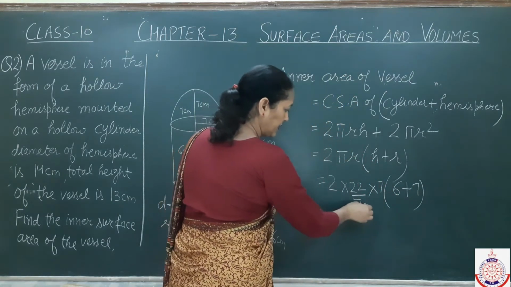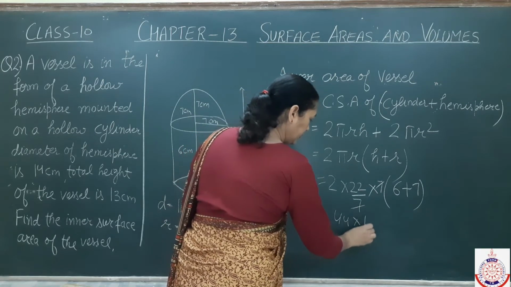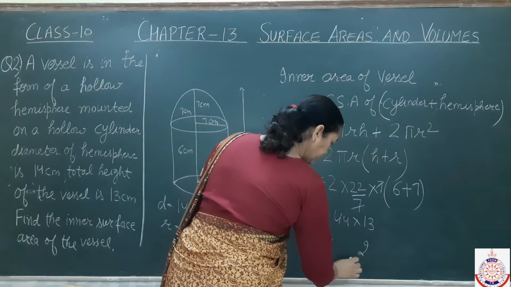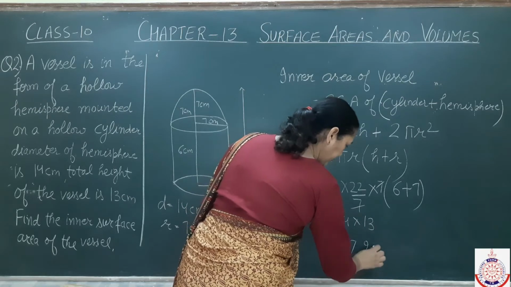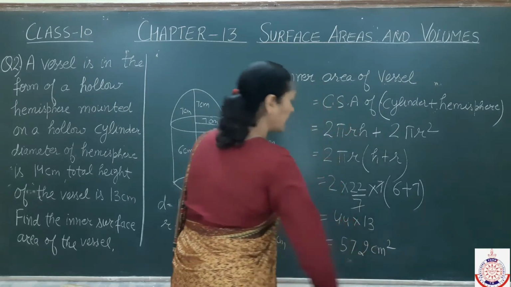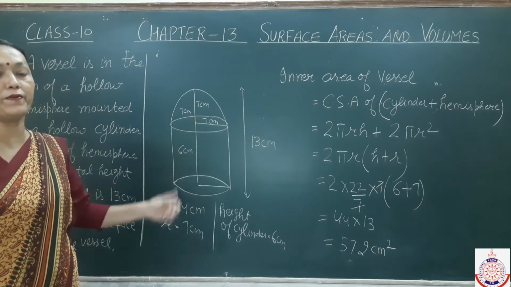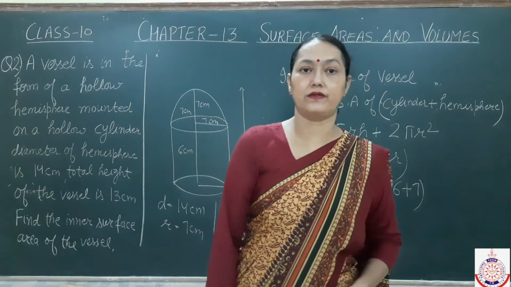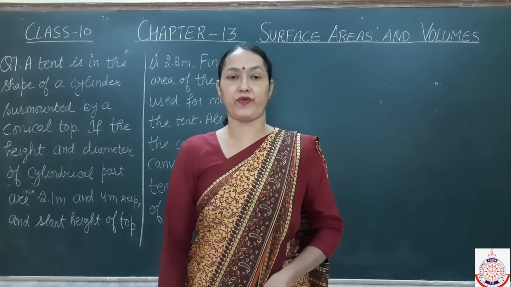So 7 gets cancelled with 7, and we have 44 into 13, which is 572 centimeter square. This will be the area of the vessel formed by placing a hemisphere on a cylinder.